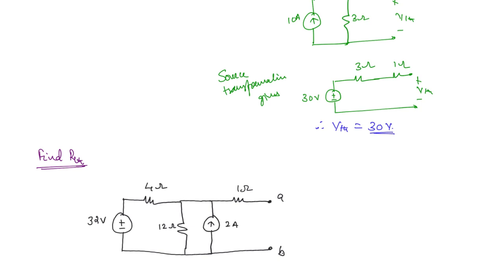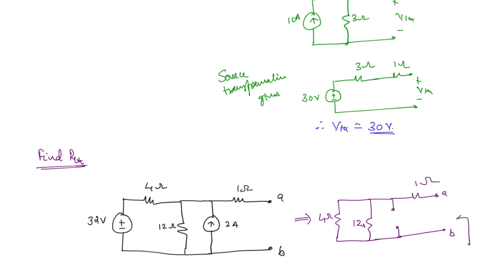That's how you turn off the sources, right? So you're going to get the circuit like this. Here you have 4 ohm, here you have 12 ohm, and this is open circuit, and here you have 1 ohm. Now looking through these terminals, you have to find the equivalent resistance.